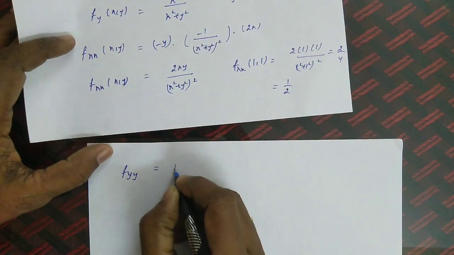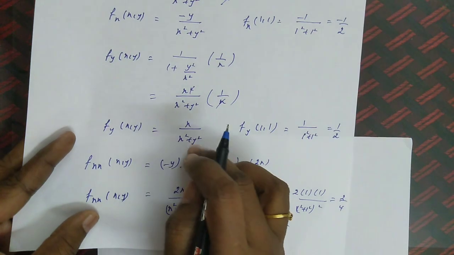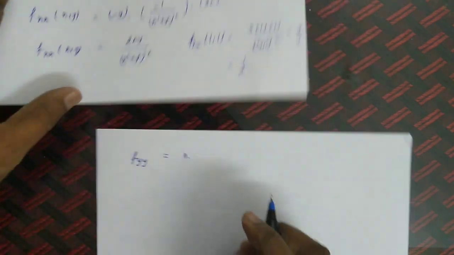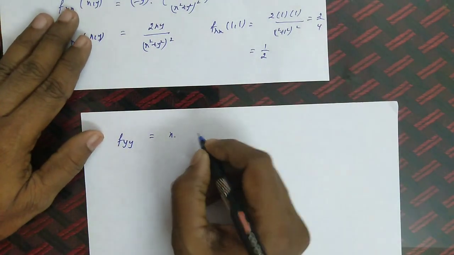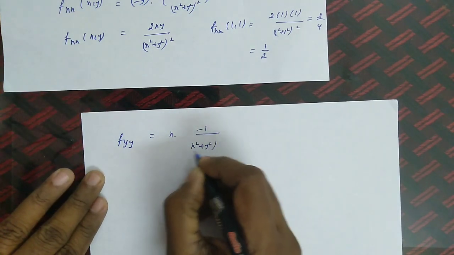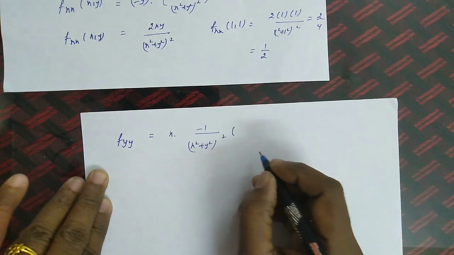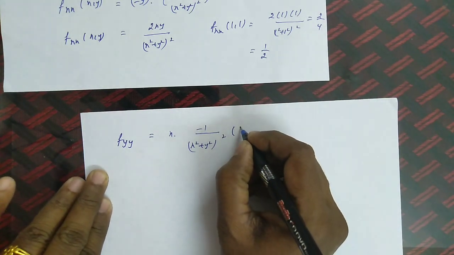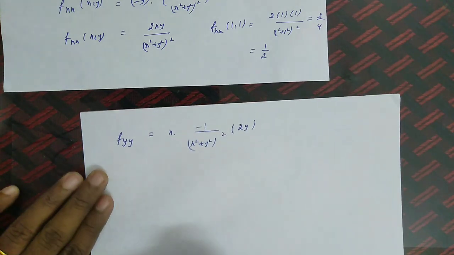So keep x as it is. Then differentiation of 1 by x square plus y square is of the form 1 by x, so minus 1 by x square plus y square the whole square into differentiation with respect to y, that means y square differentiation is 2y. So what will happen?